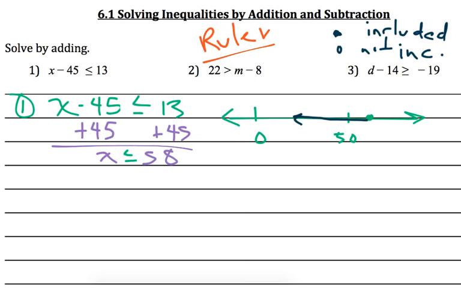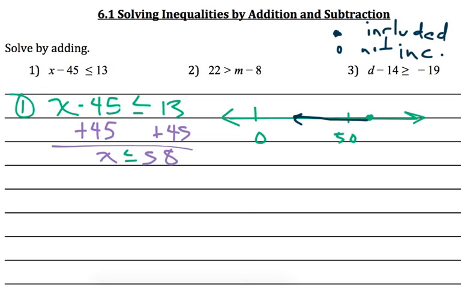Now let's talk about how we check these problems. You can check these at any point along the way. So we found out that X pivots or changes at 58 here. So I'm going to check 58 as a first way of checking. So here's X. I have 58, and if I subtract 45 from 58, I would get 13. So at that point where it changes, I feel good about what I have graphed.